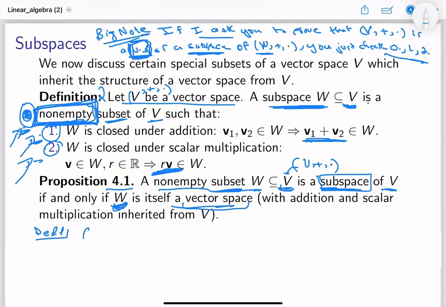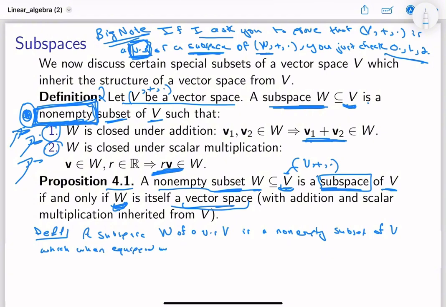So definition 1: a subspace omega of a vector space V is a non-empty subset of V which, when equipped with the same operations, forms a vector space.